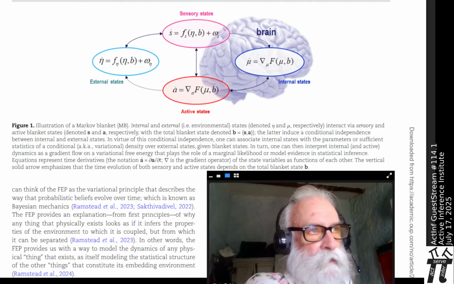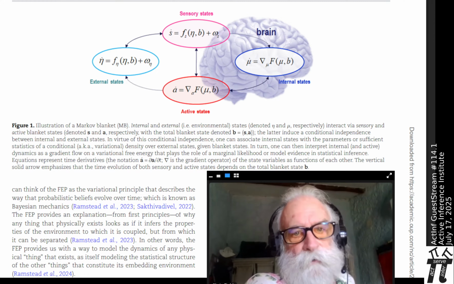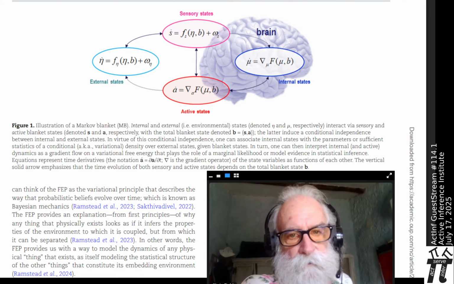So in this way of thinking about the FEP, which again is kind of the most straightforward possible way of thinking about it, what a system experiences is only the data that's written on its Markov blanket, either by its environment or by itself.